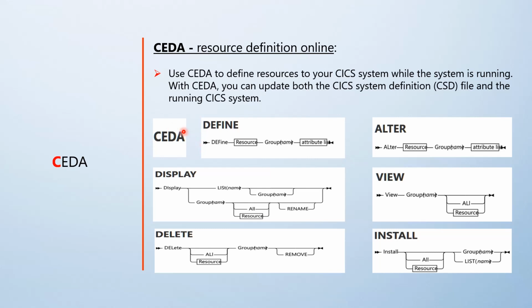If you want to have a list, you can just type in CEDA on a CICS screen and hit enter. You will get a big list of things which a CEDA transaction can handle. And one more thing with these transactions is that sometimes you need to provide a lot of keywords.